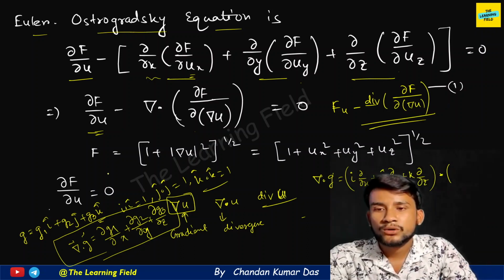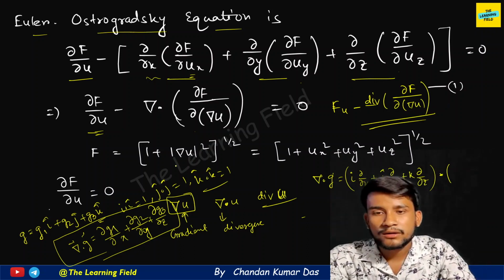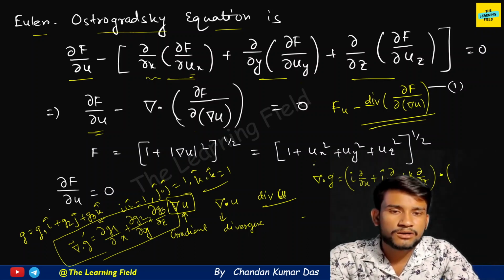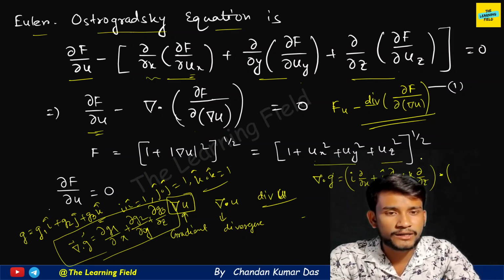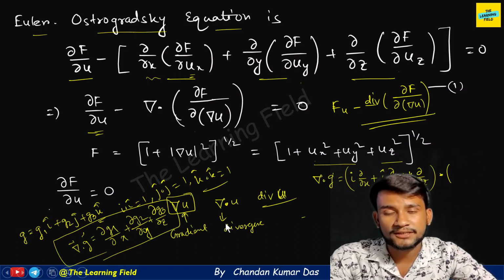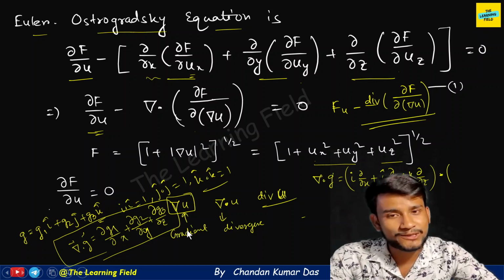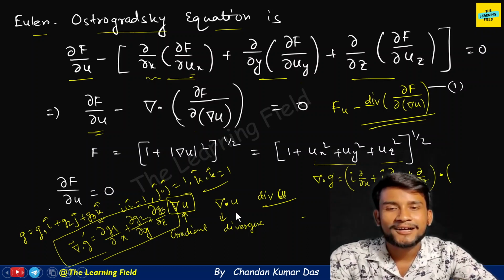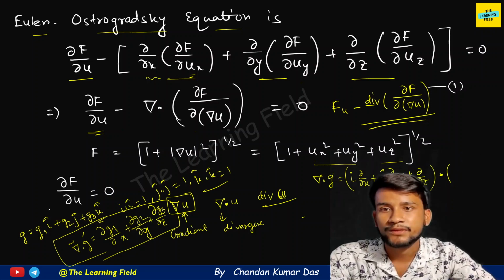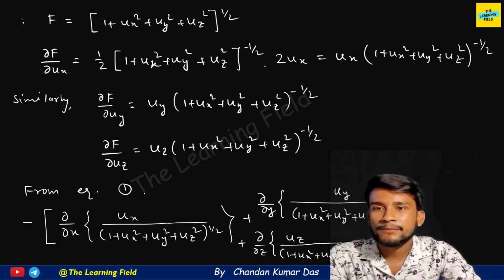So f is equal to this, and now mod grad u whole square means 1 plus ux square plus uy square plus uz square, power half. You must see the solution of this problem twice if you don't understand, because this includes vector terms or vector quantities. Okay, so now here f is equal to this one.